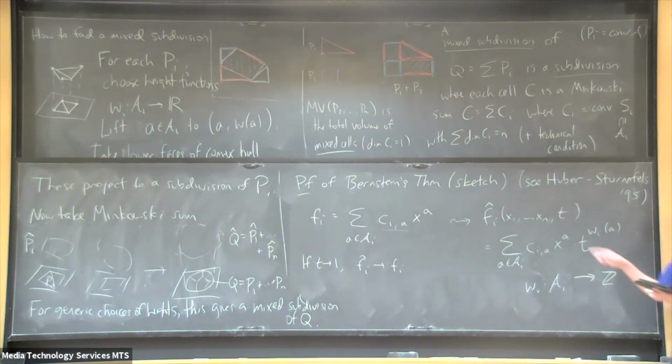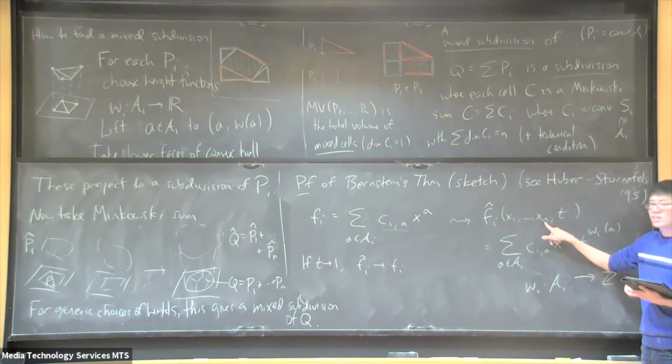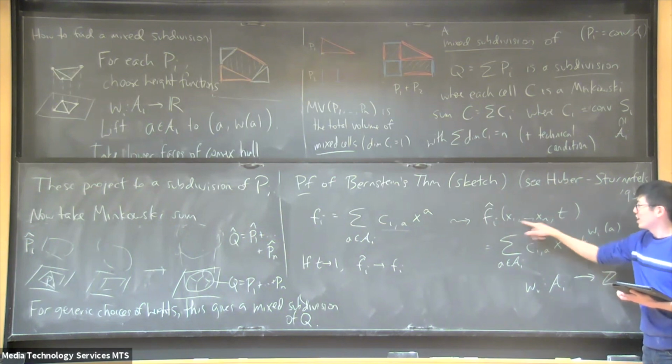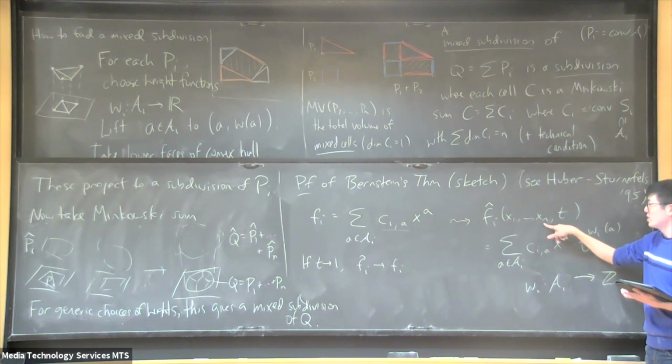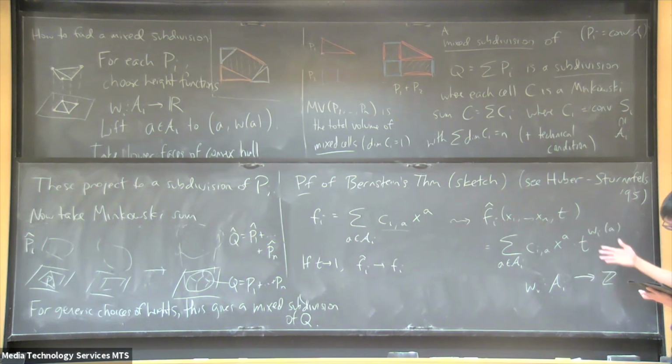I want to express x_1 through x_n as algebraic functions of t, such that when I plug them in, all of these polynomials are equal to 0.